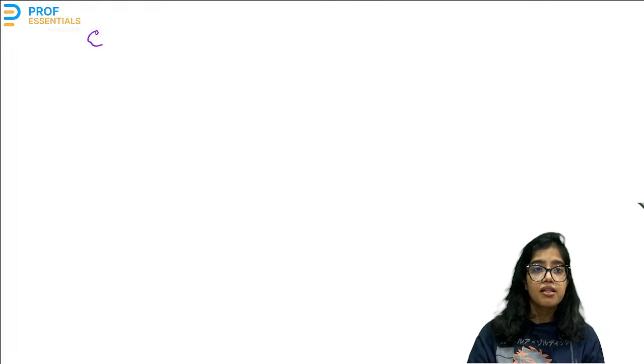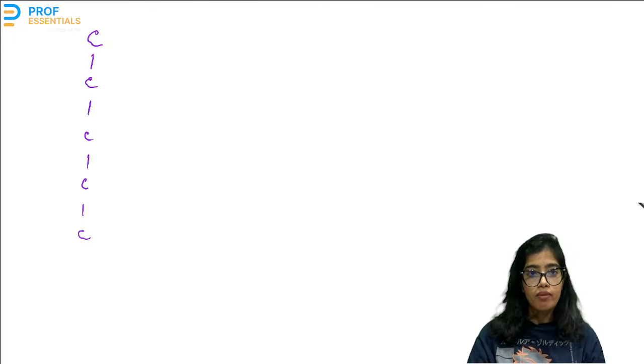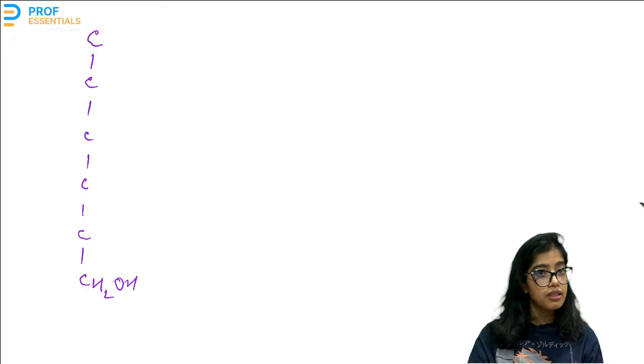So 6 carbon atoms you make like this. This one is CH2OH, and here the terminal carbon is CHO. Got it?